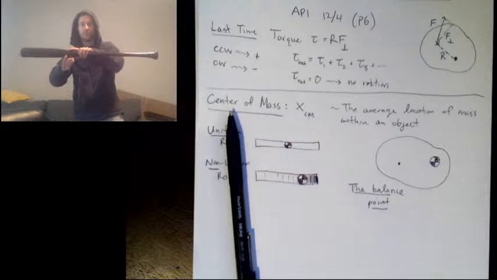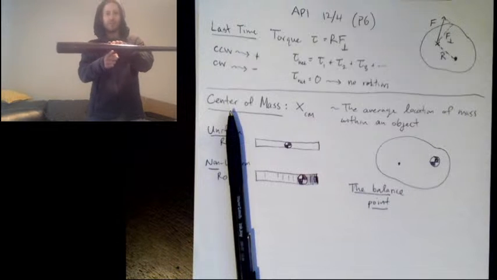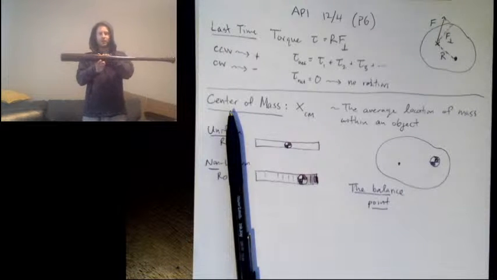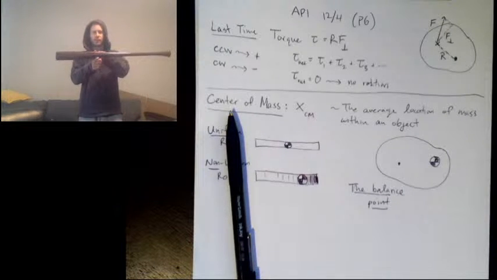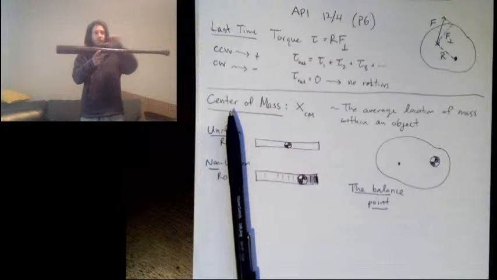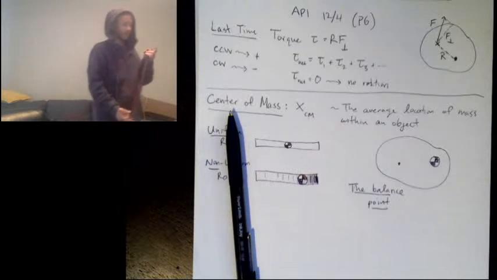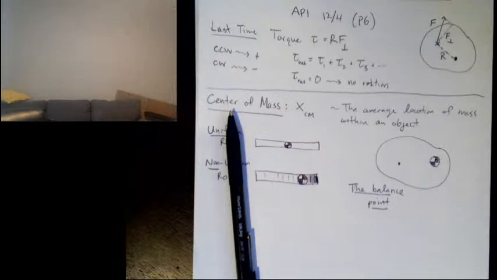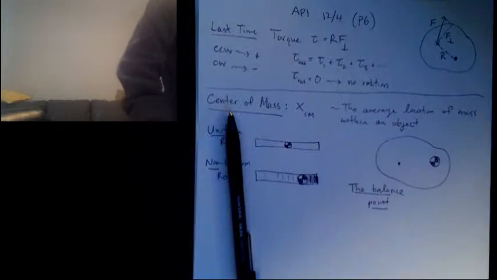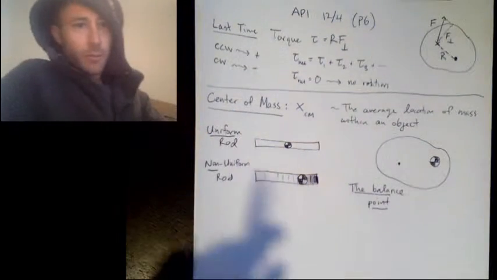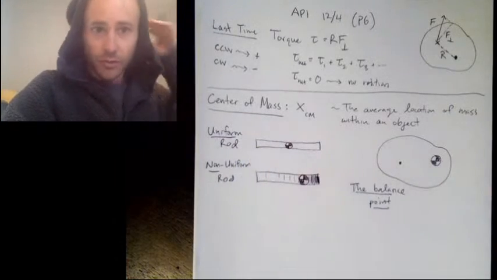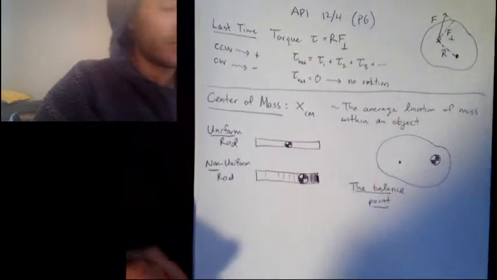Okay, somewhere around there, really close. So we can see that because this is not uniform, the center of mass is not in the geometric center of the baseball bat. It's more to one side than the other. Okay. So we can always find the center of mass by just trying to balance something at different locations.